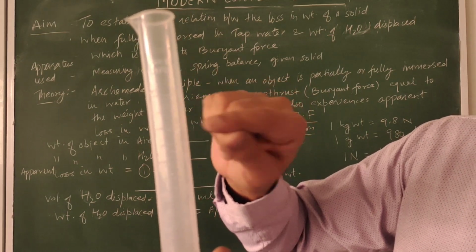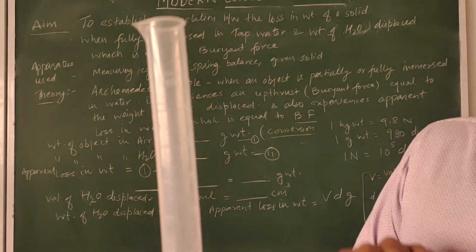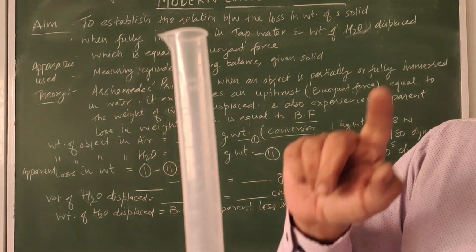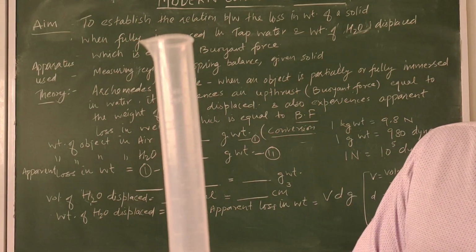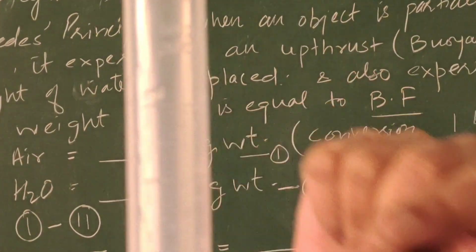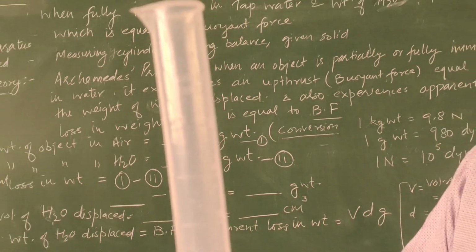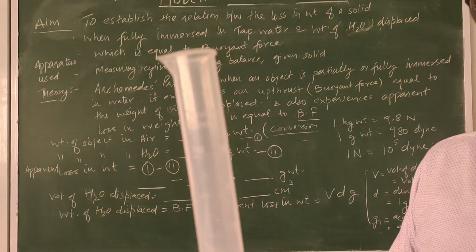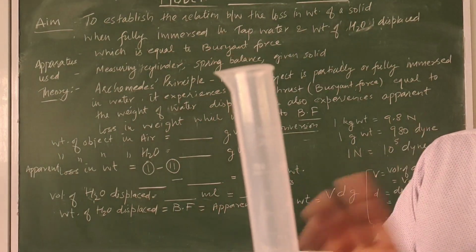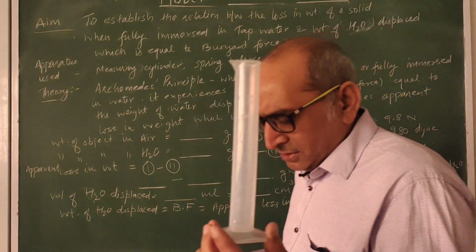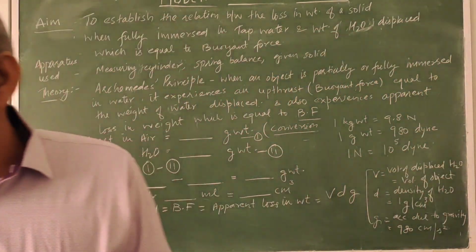In between 40 and 50 there are 10 small divisions. The measure of one small division comes out to be 1 milliliter. So the least count of this measuring cylinder is 1 milliliter. So this is how we have to find the least count.